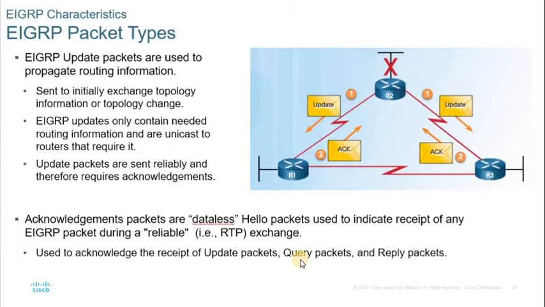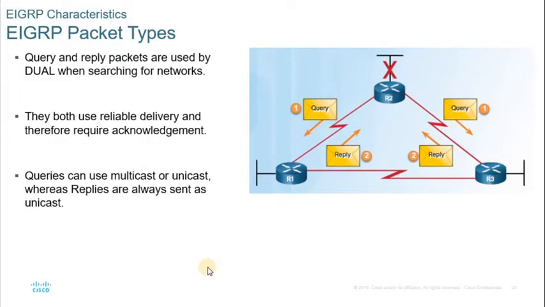Namely query and reply. After acknowledgement, whenever there's a need for checking a network, query and reply packets are used by the EIGRP algorithm, particularly when searching for a network. From the term query, they request specific information from a neighbor router.